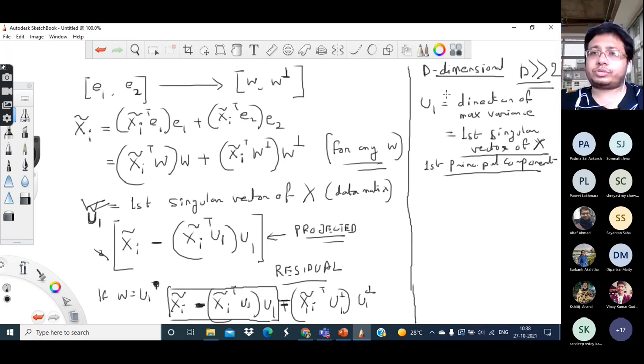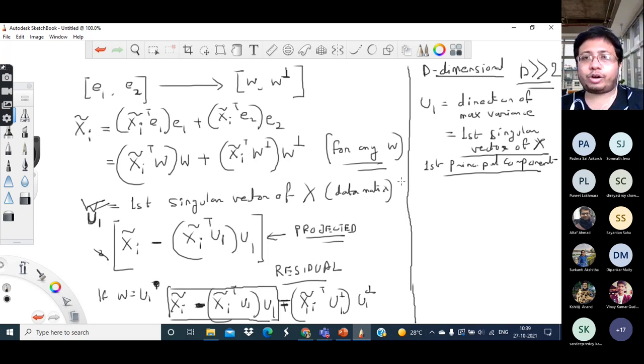Right now my data is d-dimensional, where d is much greater than 2, but so far I have got only one dimension, the direction u1 along which I have projected the data. So what was originally a d-dimensional vector has now become a one-dimensional vector along this direction u1, which of course means that some residual is remaining.